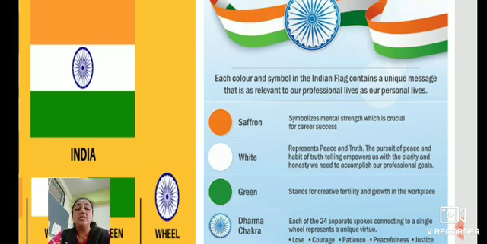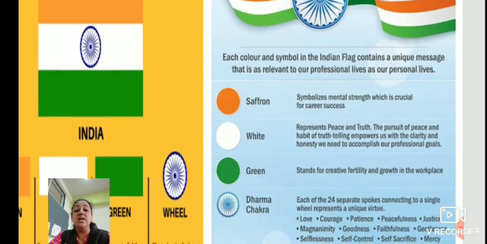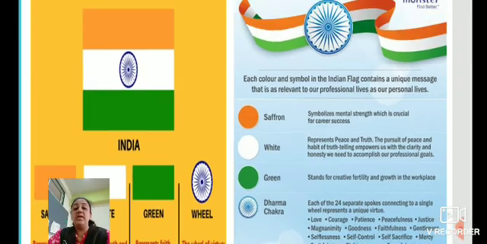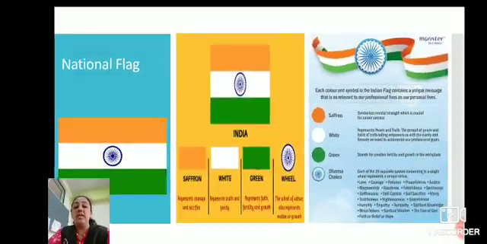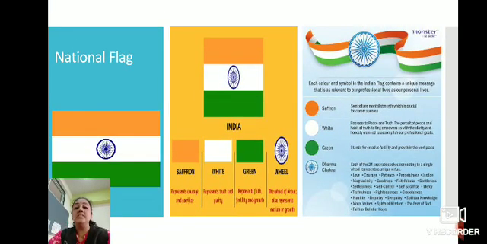White symbolizes truth, honesty, purity, peace. Green stands for growth or progress. Understood? So in this way we saw the information about our Indian national flag, which is known as Tiranga or tricolor.